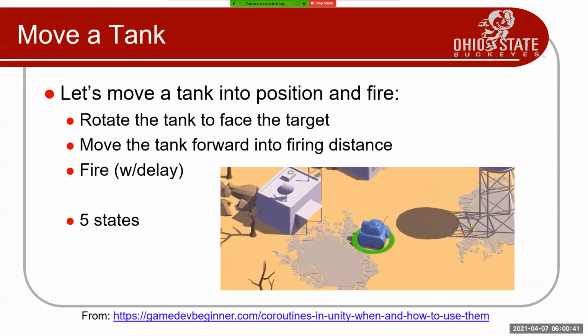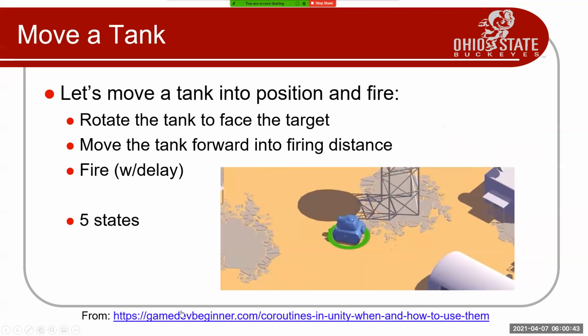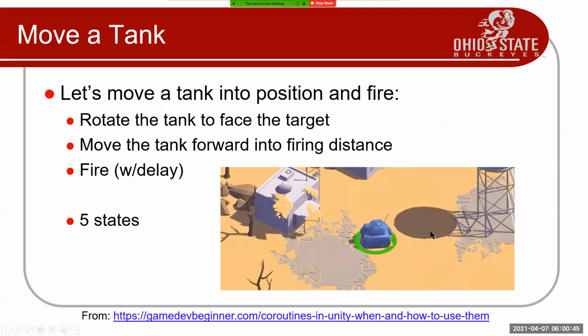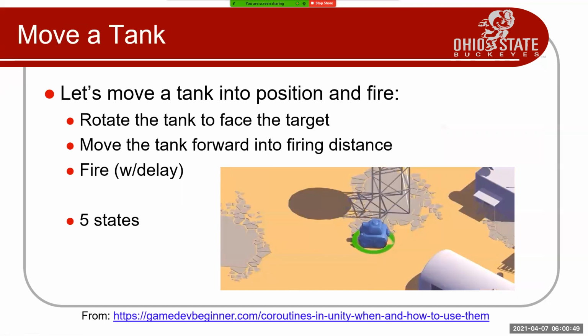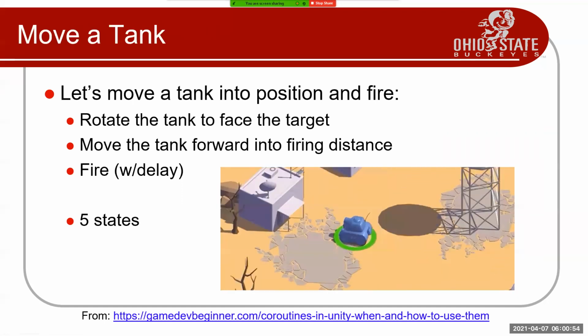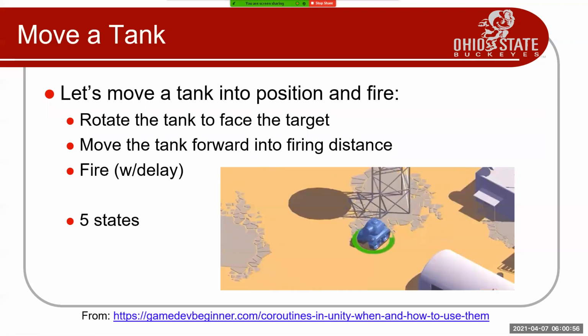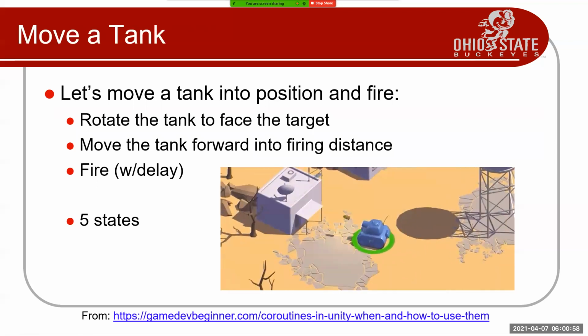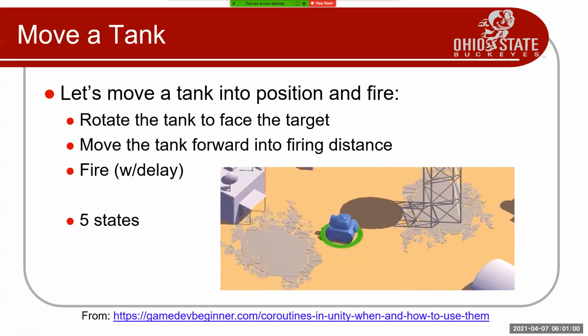So here's an example we'll work through, and this is a nice example from GameDevBeginner.com. We're going to move a tank into position and fire it. Several things we want to have happen. One is we need to rotate the tank to face the target.